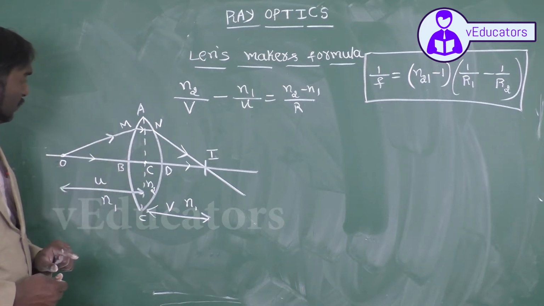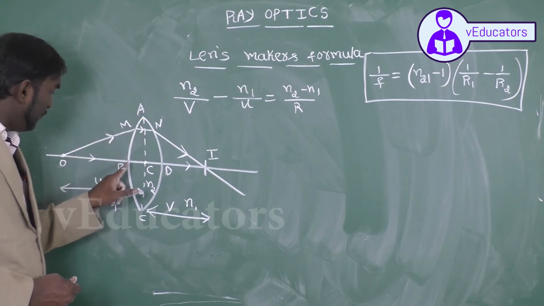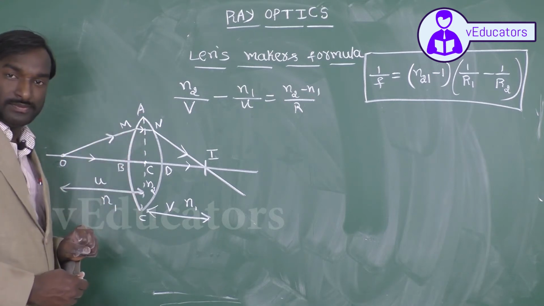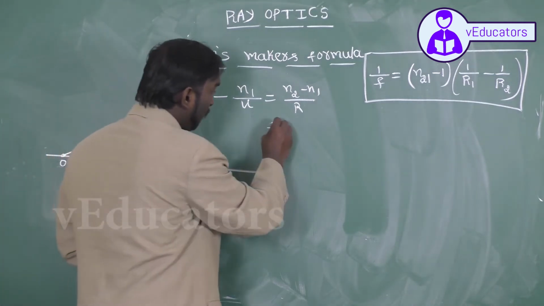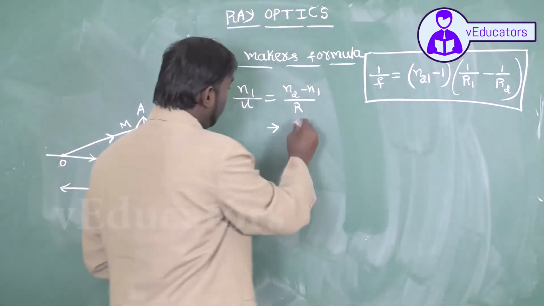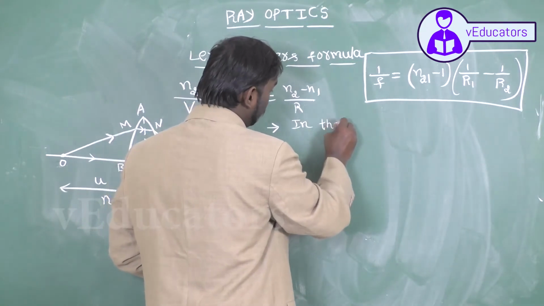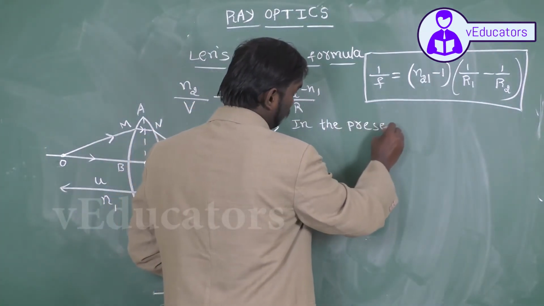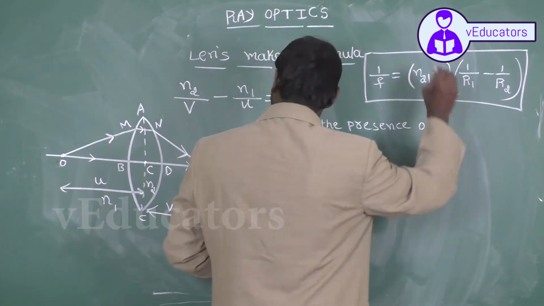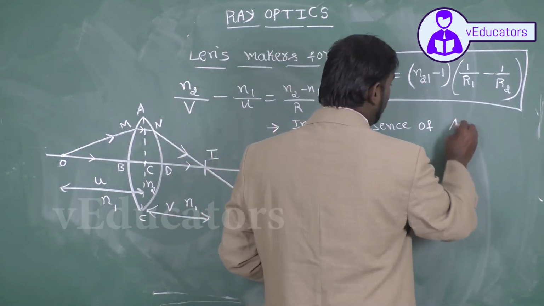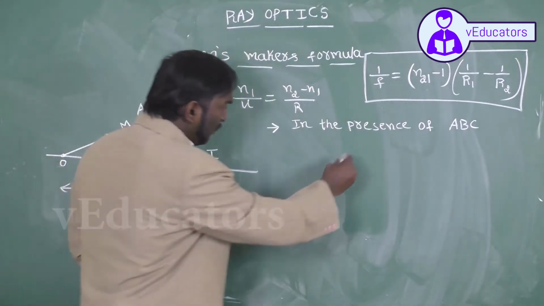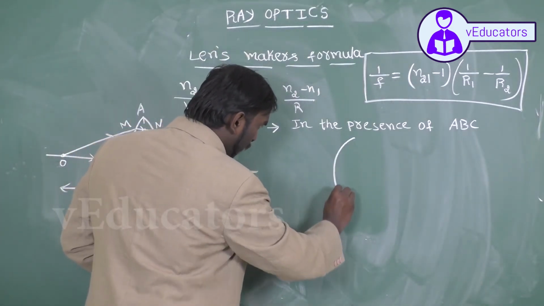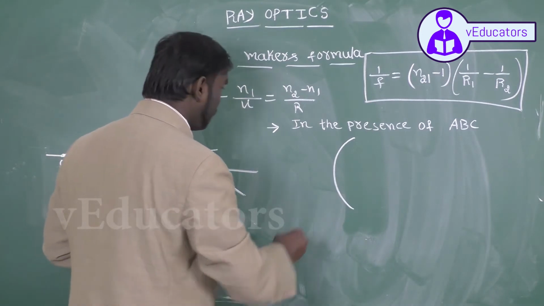First I will consider the surface ABC in the absence of the second surface. First step, in the presence of ABC, I will consider only the first surface, that is ABC.